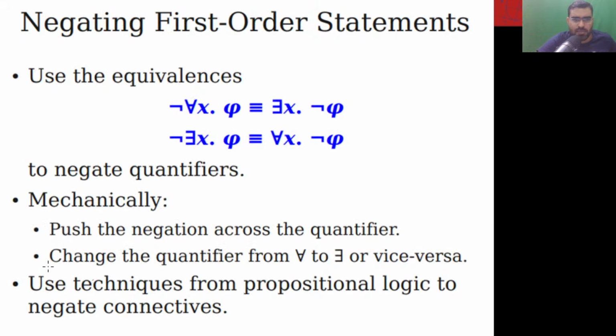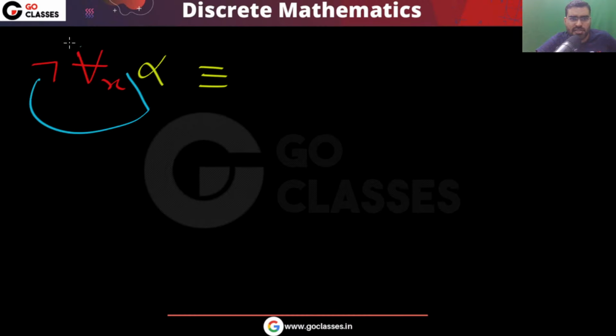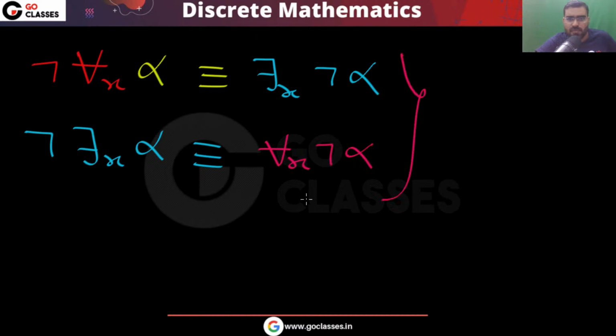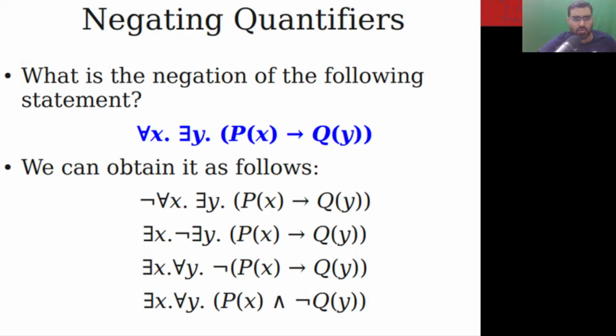Please understand, a very simple point: if you do negation of the universal quantifier of alpha, that is the same as the negation going inside, and the universal quantifier becoming existential. Similarly, negation of the existential quantifier of alpha is the same as the existential quantifier becoming universal, with the negation going inside.